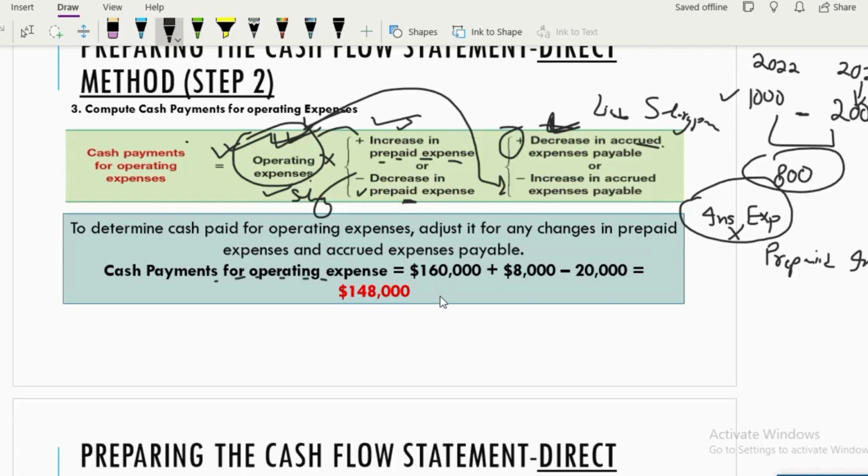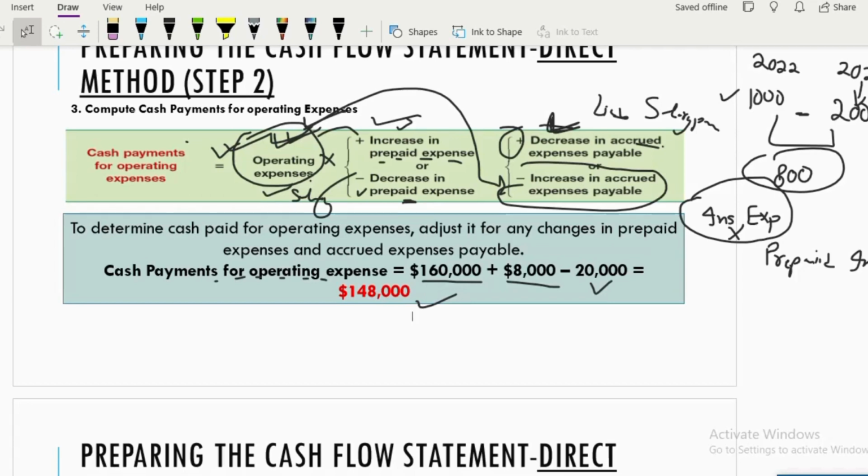In our income statement, we have operating expenses of 160,000. Then our prepaid expenses were increasing with 8,000, so we add it. And then our accrued expenses were also increasing with 20,000, so we minus it. So ultimately we paid 148,000 for the operating expenses of the company.